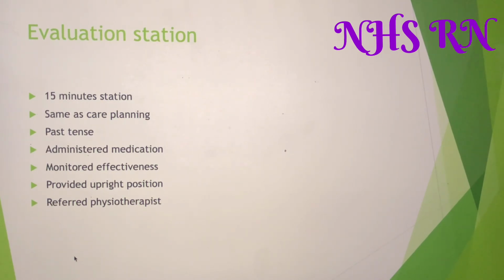So please make sure that as soon as you get the evaluation chart and care plan chart, you put the date and signature. That step you just do initially, and that's very important. You avoid one critical error at the first stage itself. Then after that you can write.